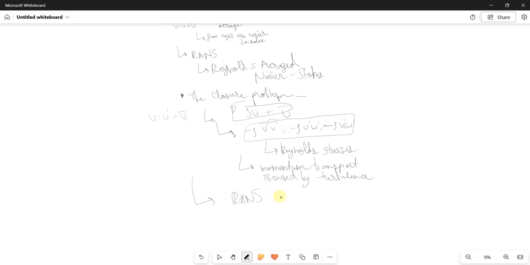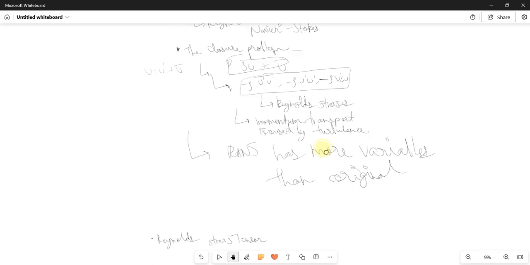Now the problem is that once you try solving for these also, RANS ends up having more variables than the original one. The original one before averaging had fewer terms than the one after averaging. So this is the closure problem.